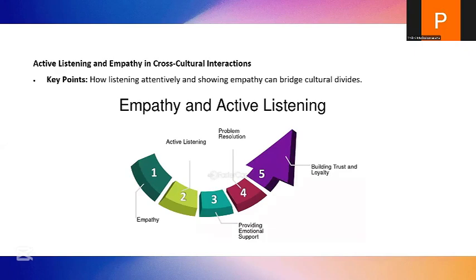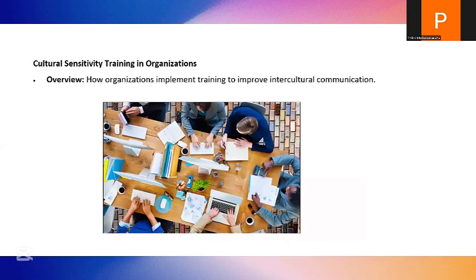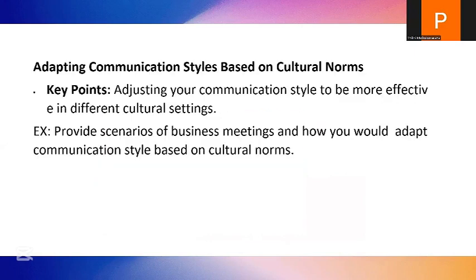Since we have these kinds of intercultural issues, some companies and organizations purposefully raise awareness of this cultural sensitivity. They have their own training programs within the organizations. Okay. Through that they are trying to adapt the communication style depending on the cultural norms, right?